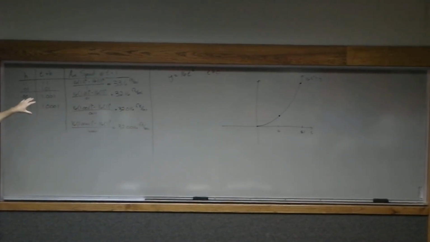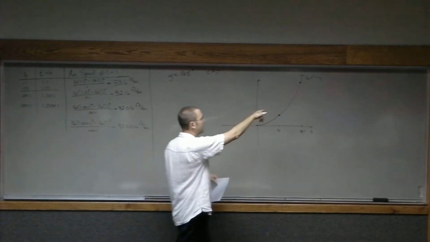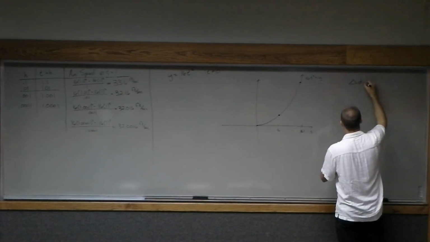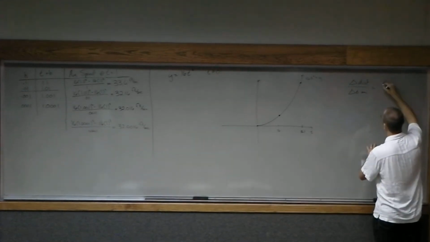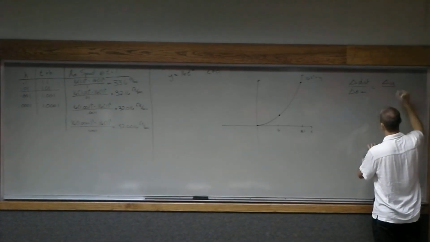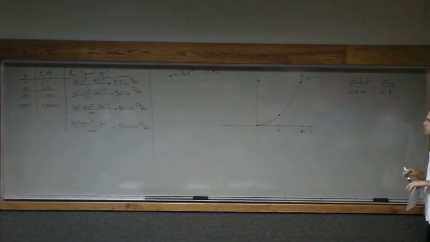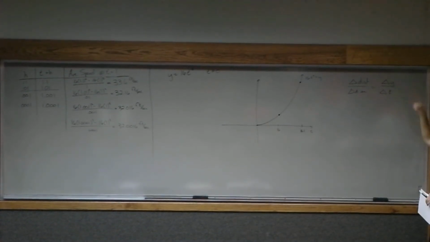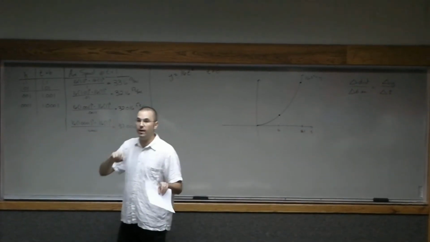So what is that value actually calculating in terms of our graph here? Change in distance over change in time. You can also think of this as changes in y's over, in this case, changes in t's. Have you seen expressions like this before? I hope so. What do you call it when you look at the difference in the y values divided by the difference in the x or t values?